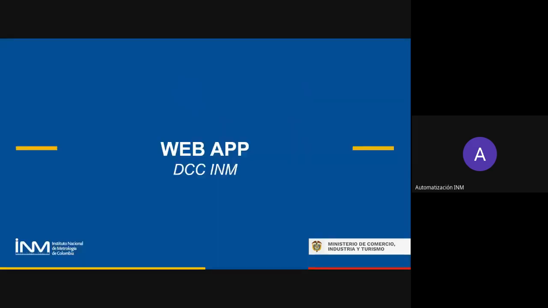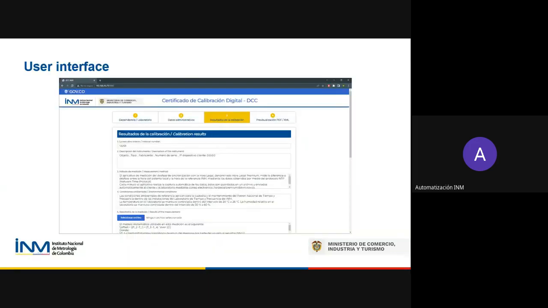Now I am going to present the web app user interface and the information on the XML file, which contains the digital calibration certificate. This web platform is running on a virtual Linux server, and it has an interactive interface.